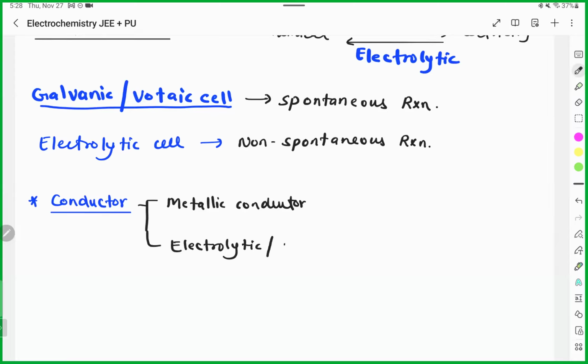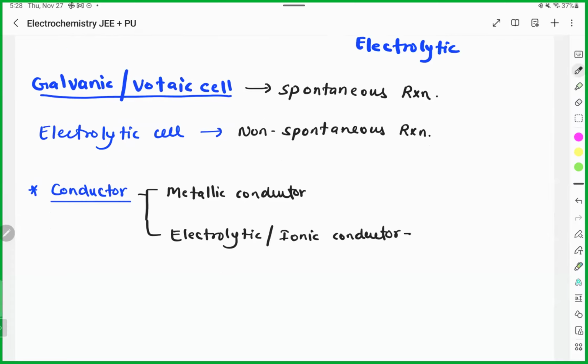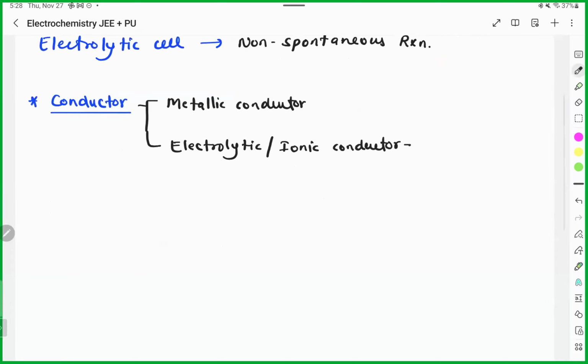Samarth, what is an electrolytic or ionic conductor? Where ions move to conduct electricity. Yes. So in this situation, we have ions present in the aqueous solution or molten state. Aqueous solution means water.